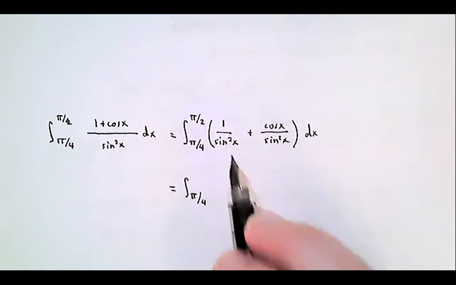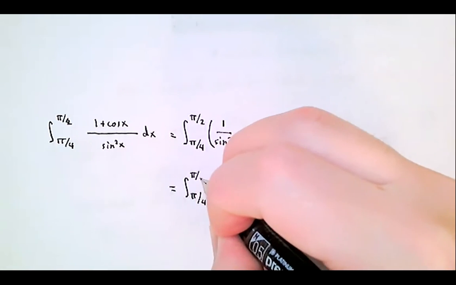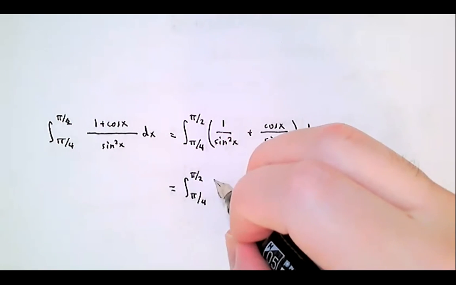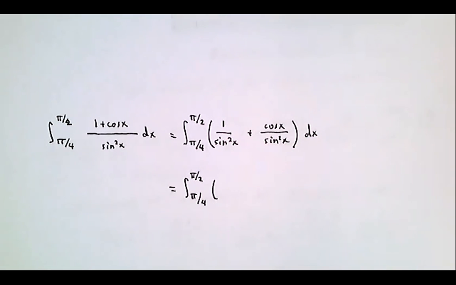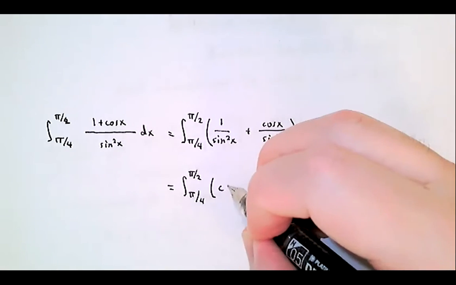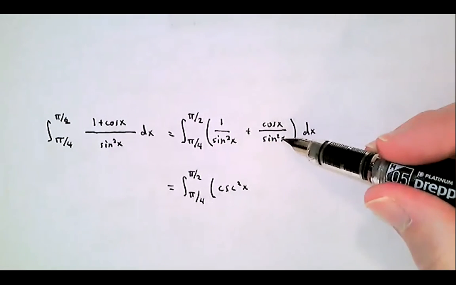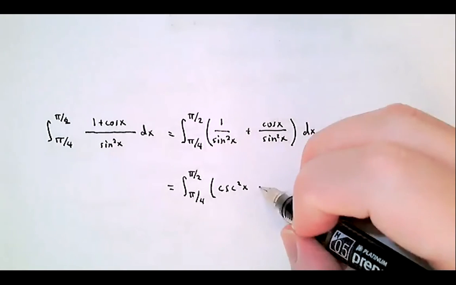What is 1 over sine squared in terms of other trig functions? Is it cosecant squared? Yeah, exactly. So we're actually looking at a cosecant squared. And then cosine over sine. What function is that?